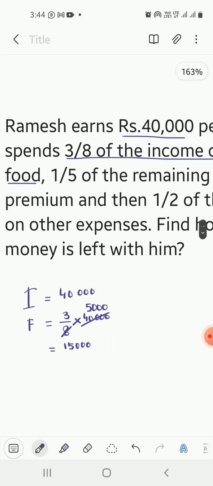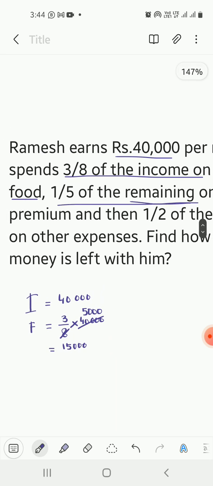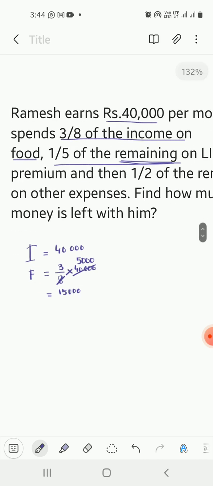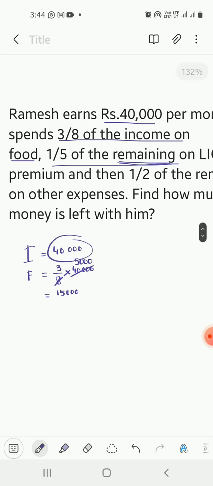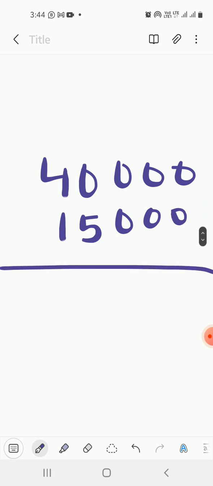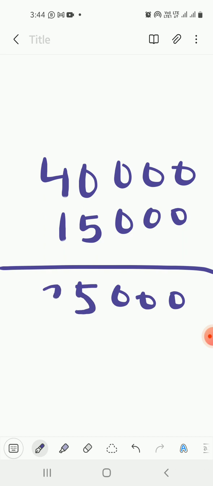Now it is said that 1/5 of the remaining, whatever is left, he pays on LIC premium. So first you have to find the remaining money. First we had 40,000, now I have spent 15,000 on food, so this will be deducted. What did we get? 25,000.